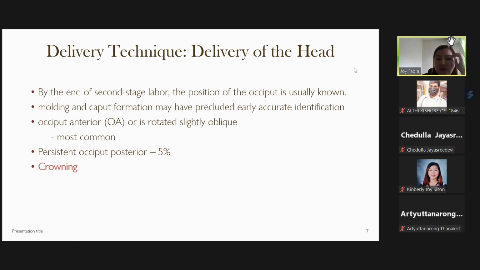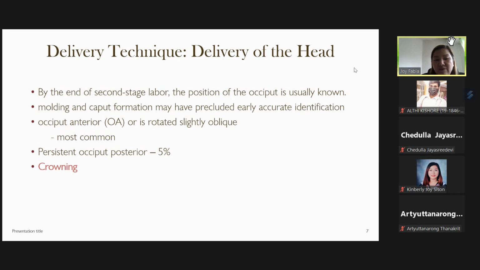So by the end of the second stage of labor, the position of the occiput is usually known. So you have to know already yung position ng head. And the most common position of the occiput is usually occiput anterior, or it could also be rotated slightly oblique. The molding and caput formation may have precluded early accurate identification. So only 5% of those having a vaginal delivery have a persistent occiput posterior position.